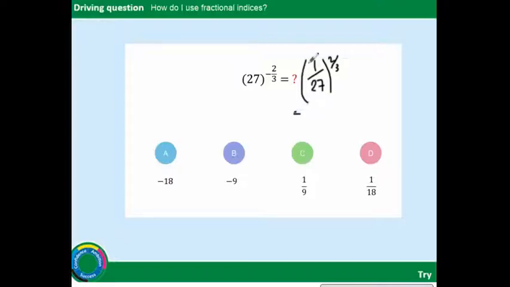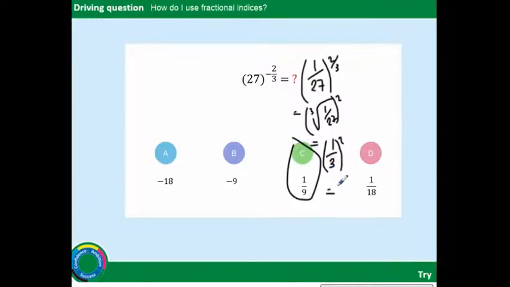Then I'm going to cube root 1 over 27 because the denominator is 3. And then I'm going to raise that to the power of 2 because the numerator is 2. Cube root of 1 over 27 is 1 over 3, and 1 over 3 squared is 1 over 9.